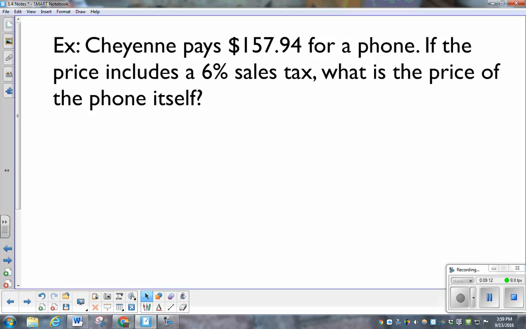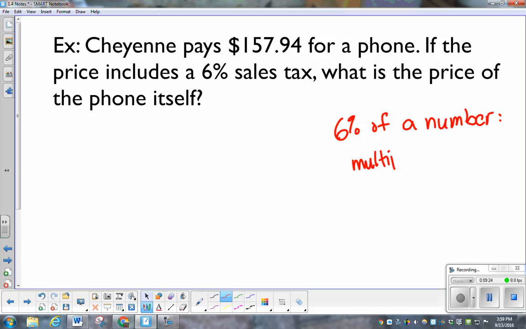So one thing to remember is that to find 6% of a number, and hopefully you already know this, you just multiply by 0.06 or 6/100ths. That's how we find 6% of a number.